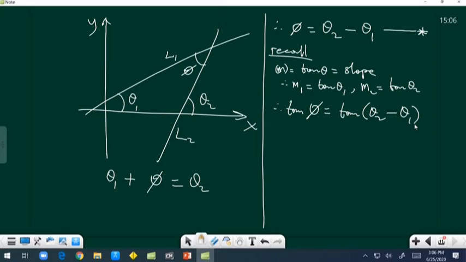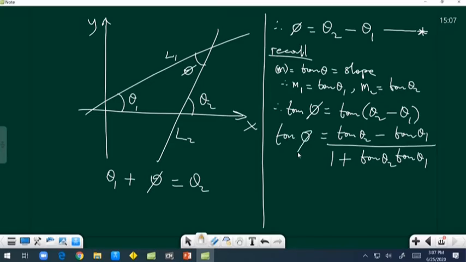Using trig ratios, tan of theta 2 minus theta 1 is tan theta 2 minus tan theta 1 divided by 1 plus tan theta 2 tan theta 1. So we have this as tan phi.